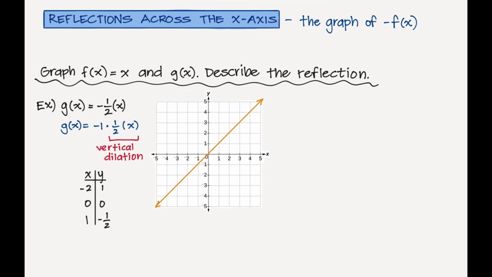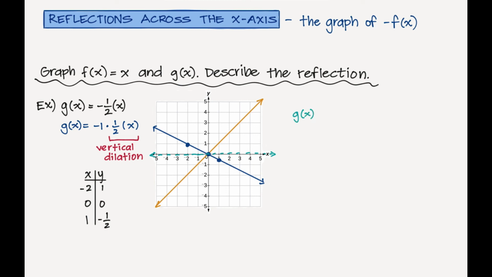So let's plot all three of those points, and then use our ruler to draw our line. And notice how this line is going completely opposite from the parent. Okay, it's going downward instead of upward, and there is my x-axis there.